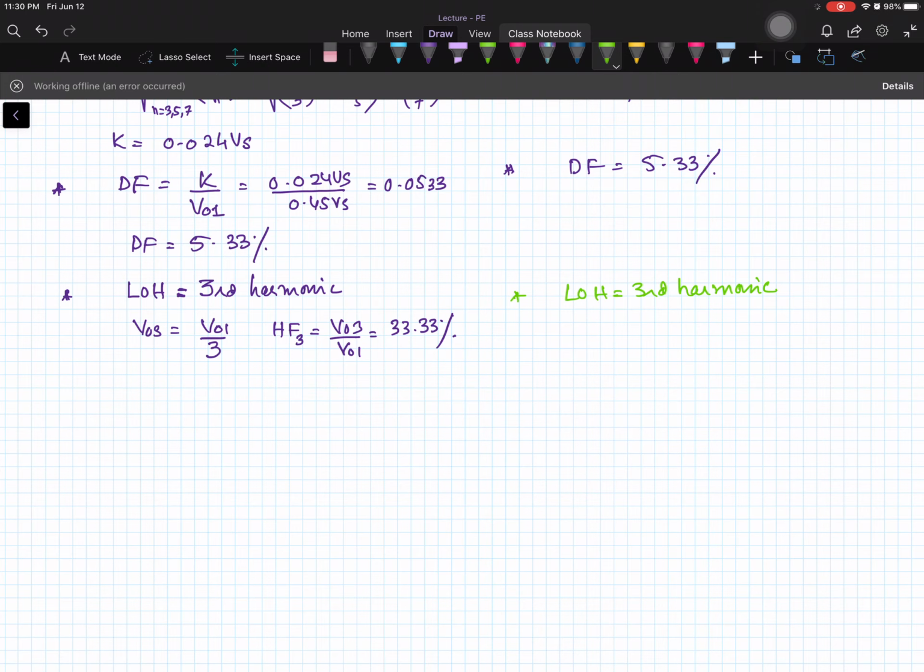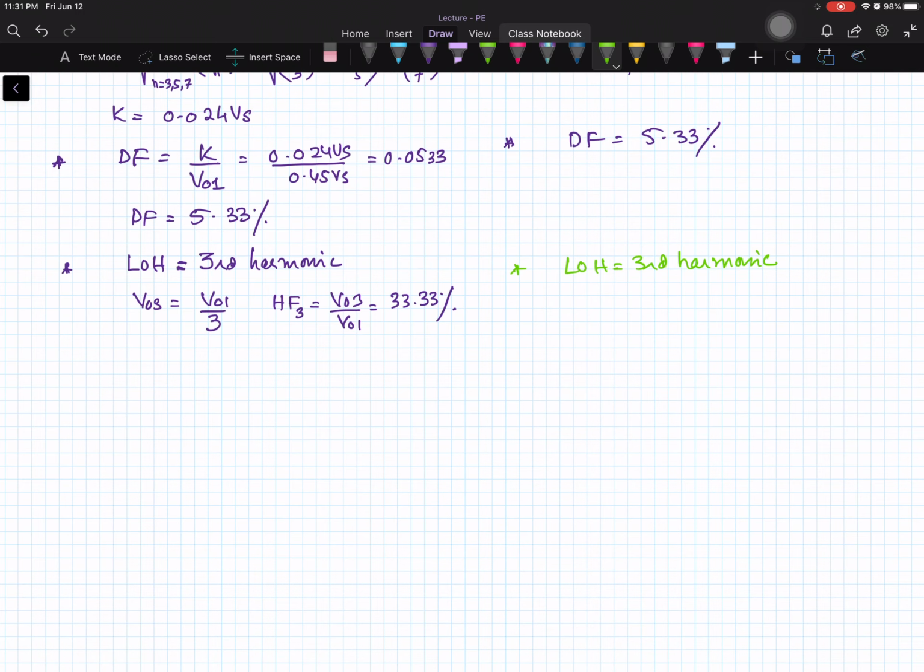Okay, so now let's calculate the distortion factor for a particular harmonic, let's suppose the third harmonic, that is the LOH. So DF3, the distortion factor because of the third harmonic, will be given as V03 divided by 3 square, into 1 by V01.